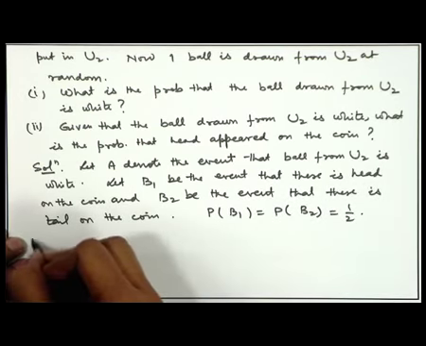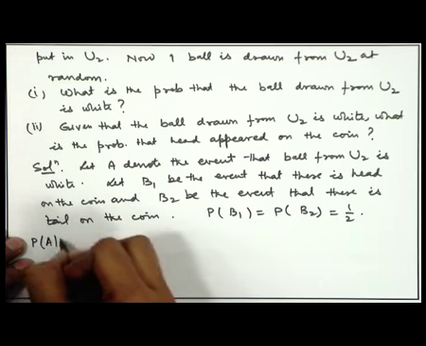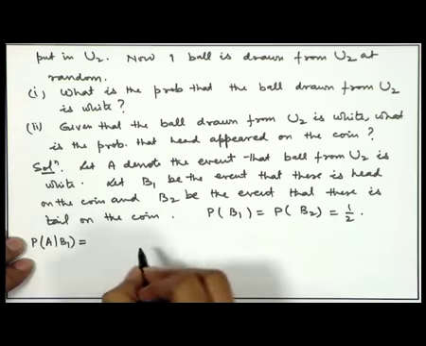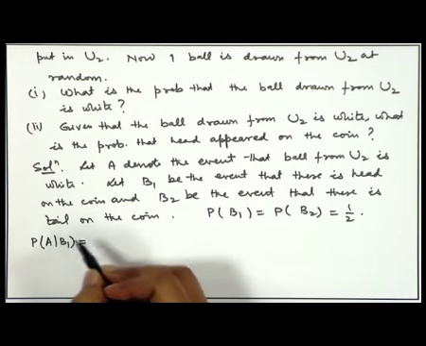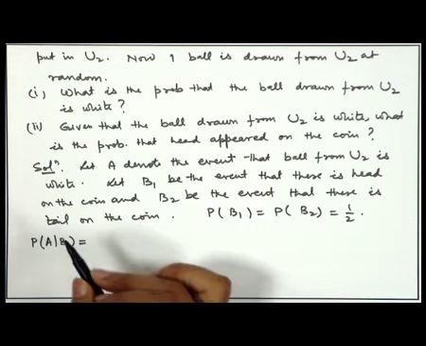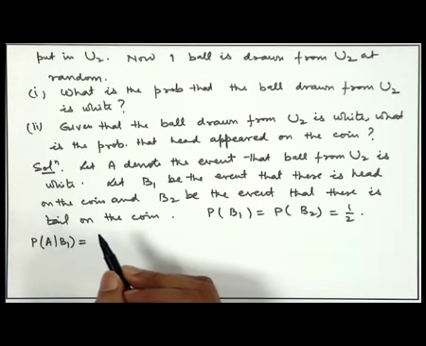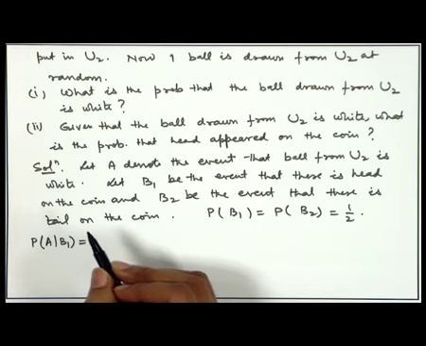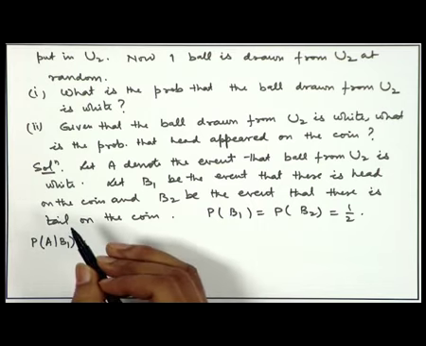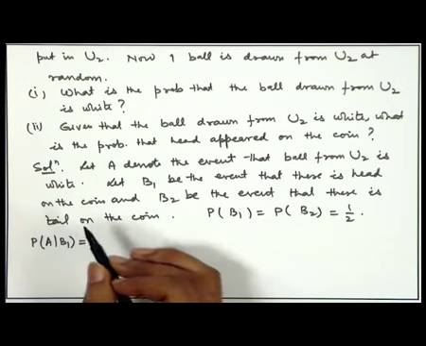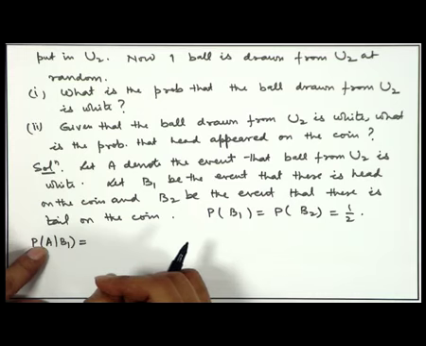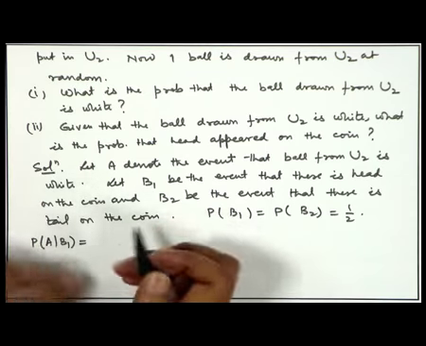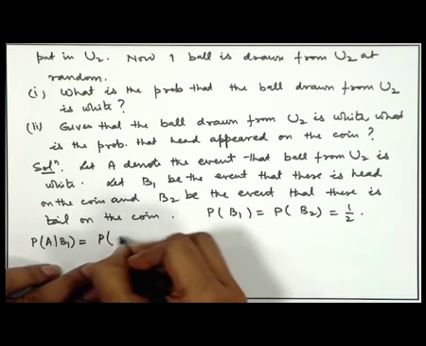Now, what is the probability of, say, A given B1? A given B1 means if head comes, then we are drawing 1 ball from U1 and putting it into U2. Now, that ball can be a white ball or a red ball. Depending upon that, we are asking what is the probability of drawing a white ball from U2. So, let us write this event properly.